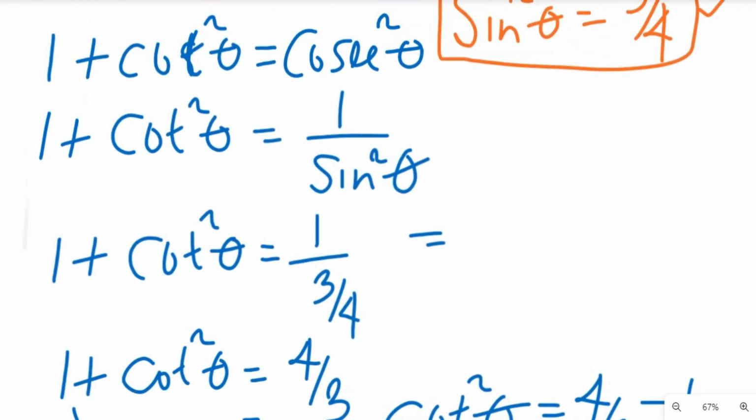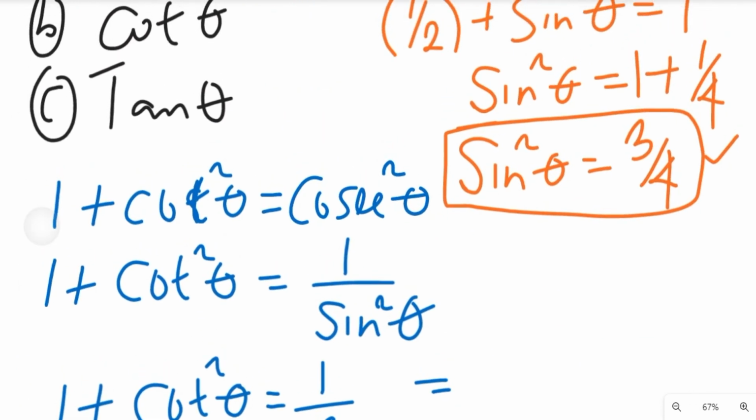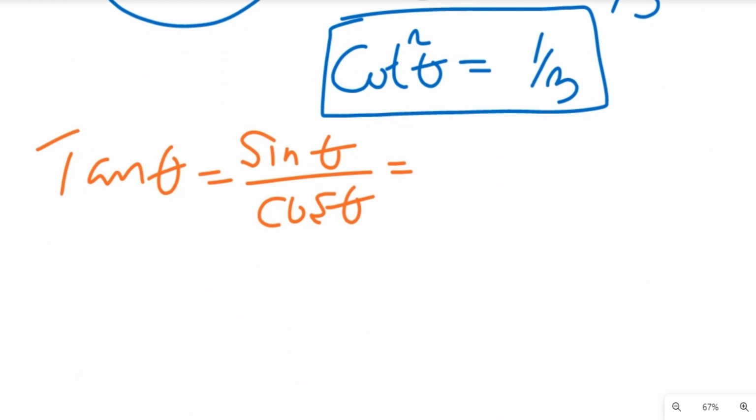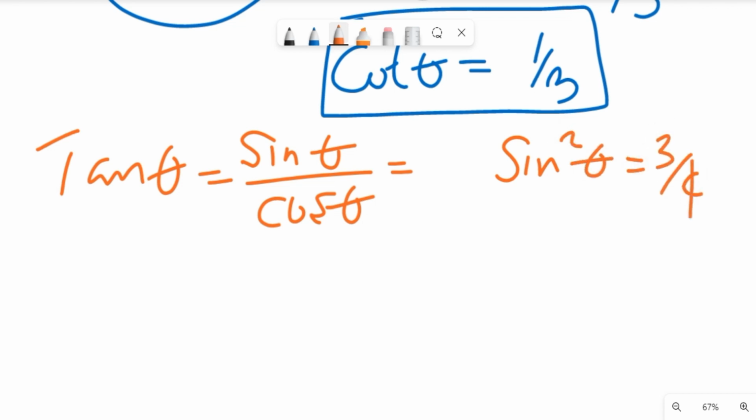Recall that sine square theta is equal to 3 divided by 4. So if sine square theta is equal to 3 divided by 4, if we take the square root of both sides, we are going to have sine theta equal to square root of 3 divided by 2. So that will be the value.